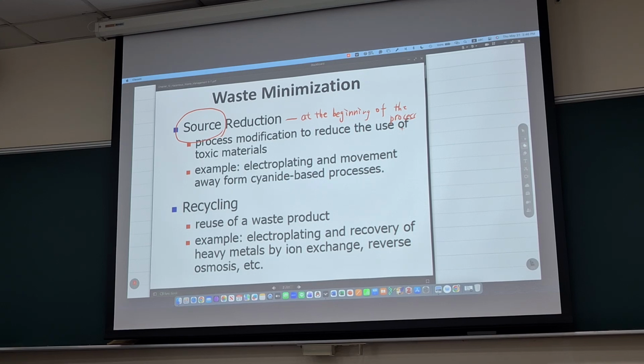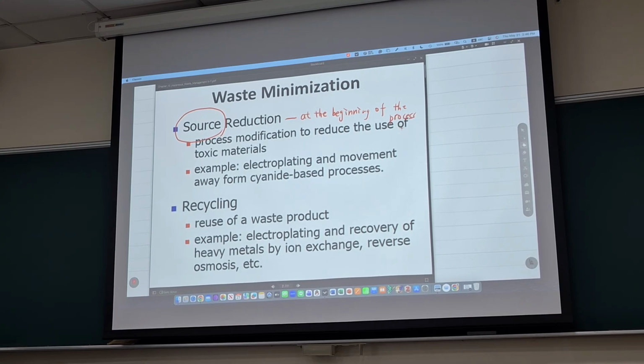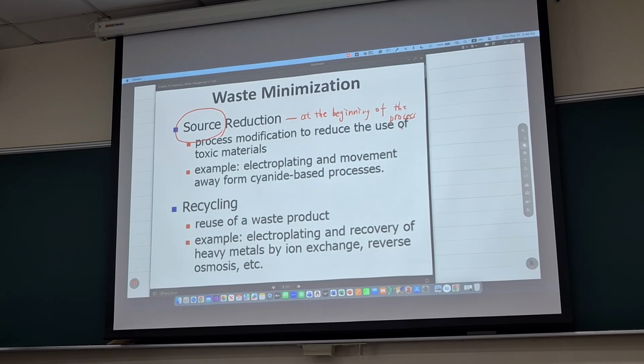Okay? For example, like electroplating. Electroplating will produce lots of toxic substances. So in the electroplating industry, you can move away from the cyanide-based process because cyanide is highly toxic.